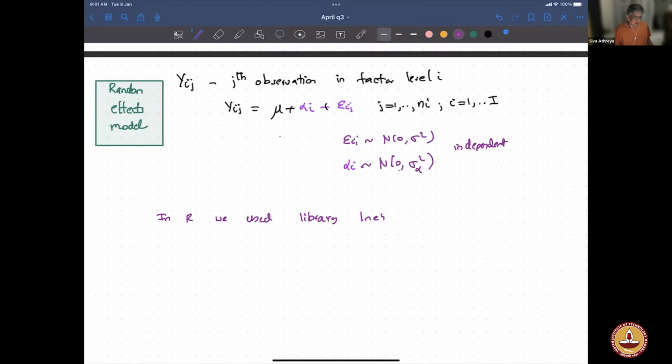That's what we used, and we applied the lmer function, and let me write this for lme4.